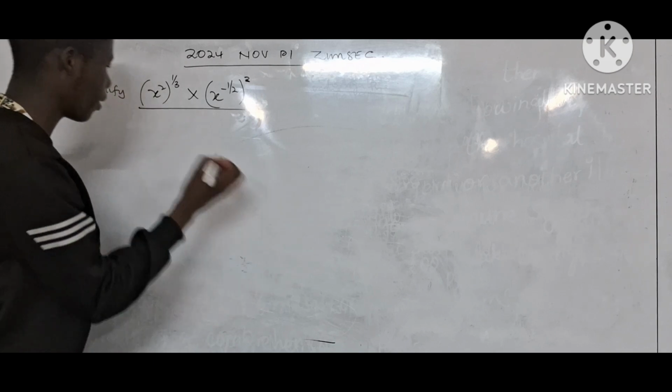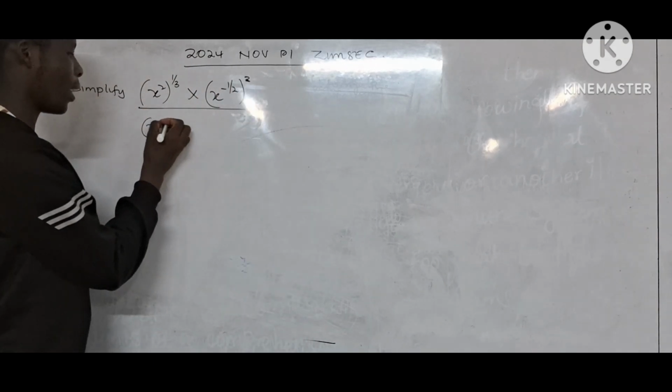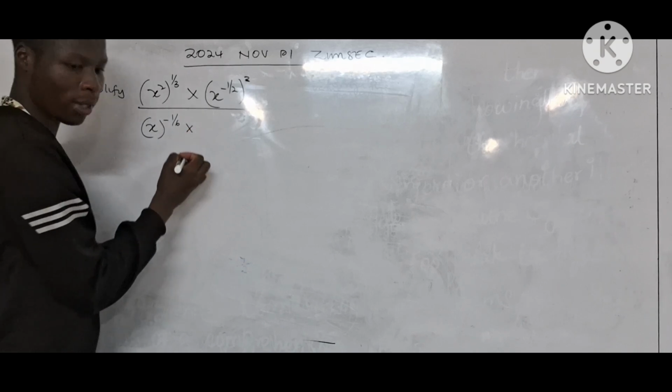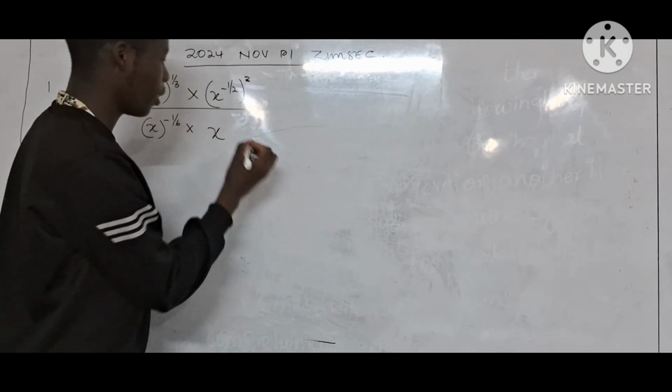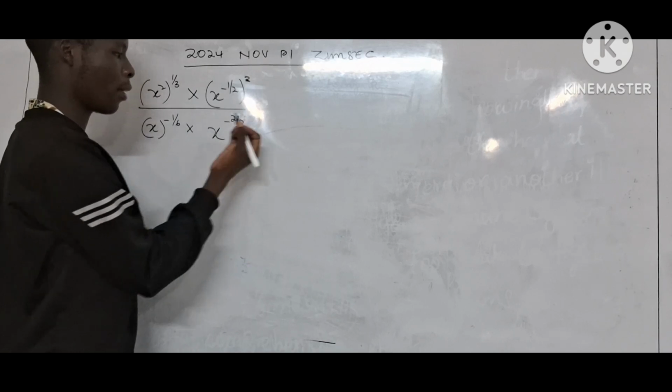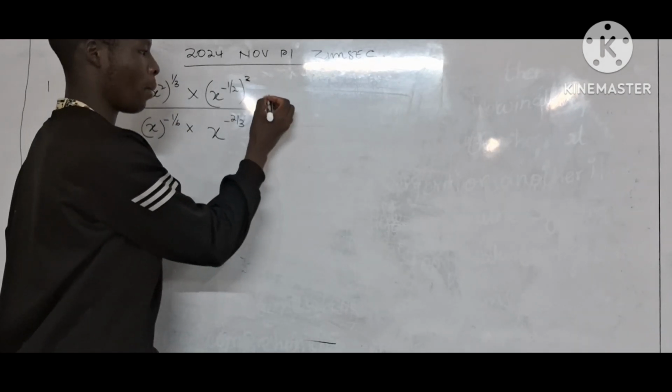Everything divided by x to the power negative 1 by 6 times x to the power negative 2 by 3. So this is 4 marks.